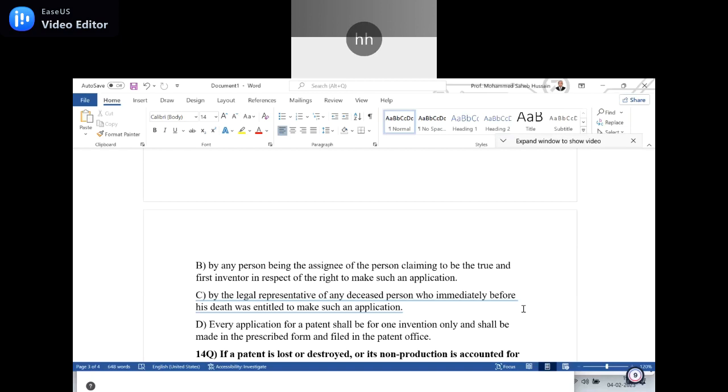Supplementary question. If you patent it, how many years will it hold good under the law? Under the Patents Act. 20 years.